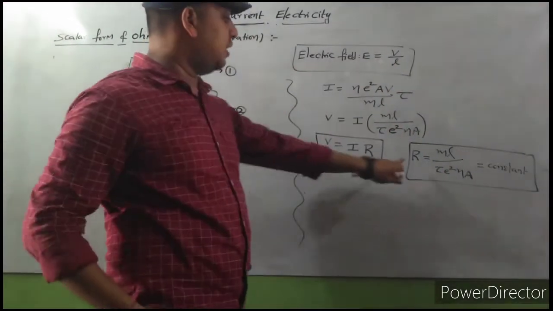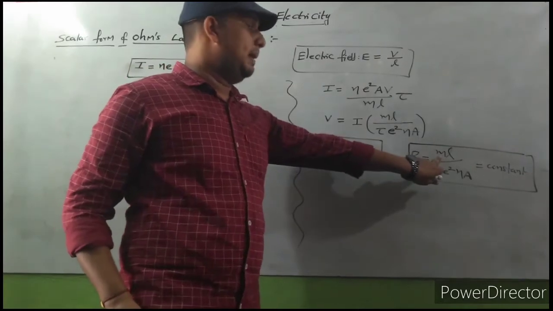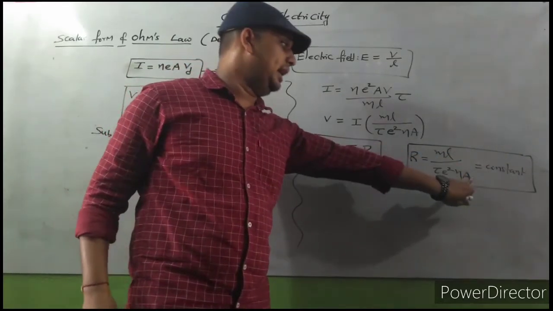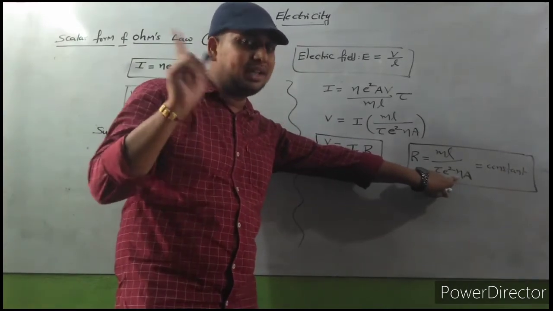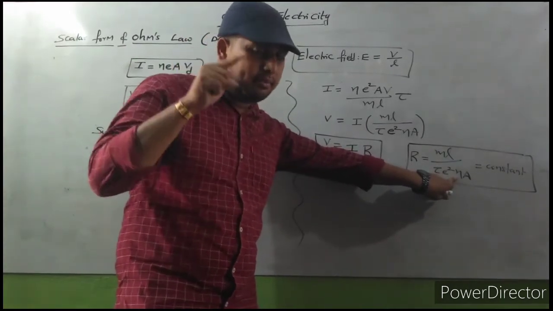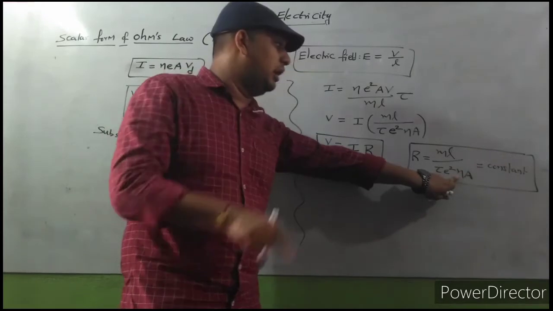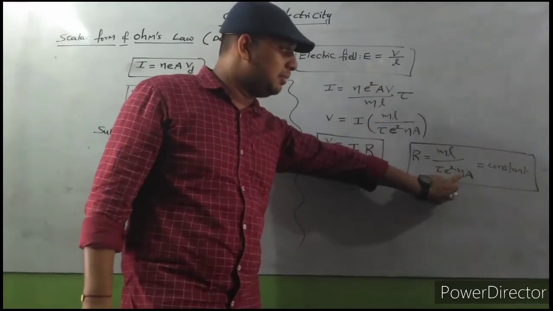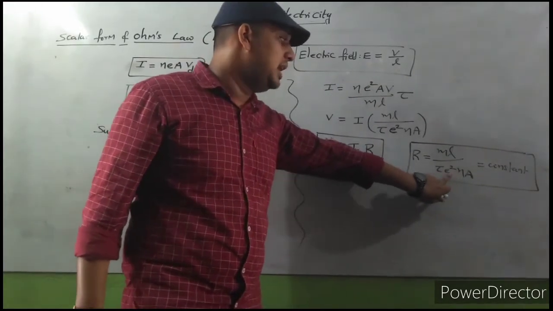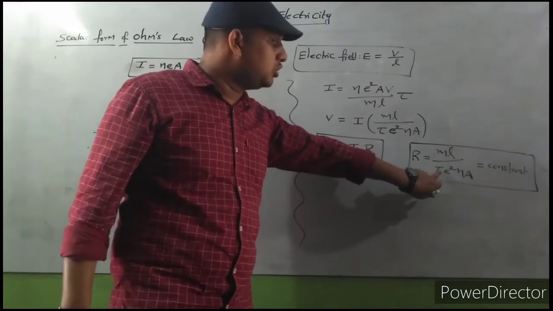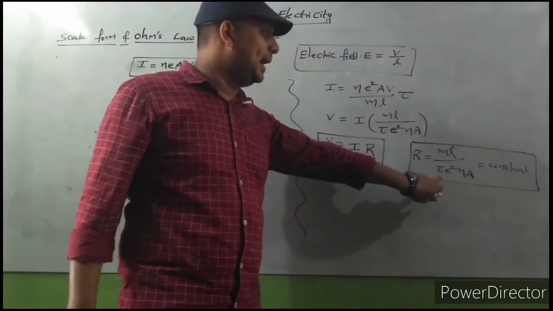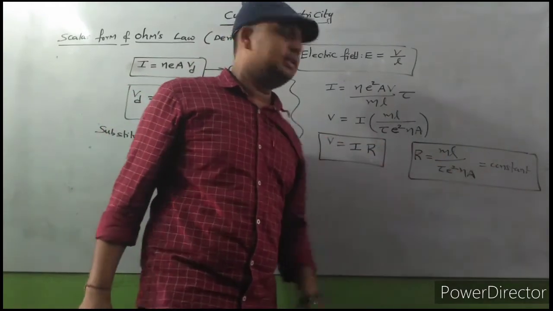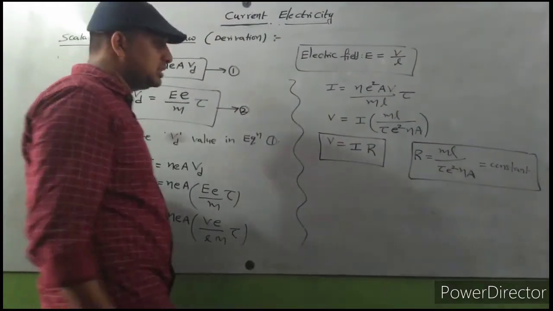What is the resistance formula? In terms of mass, length, area, number of electrons per unit volume. N means not the number of electrons, but the number of electrons per unit volume. That is important. e means charge of electron. Tau means relaxation time. R is equal to m L by tau e square N A. That is the resistance, and that resistance is constant.